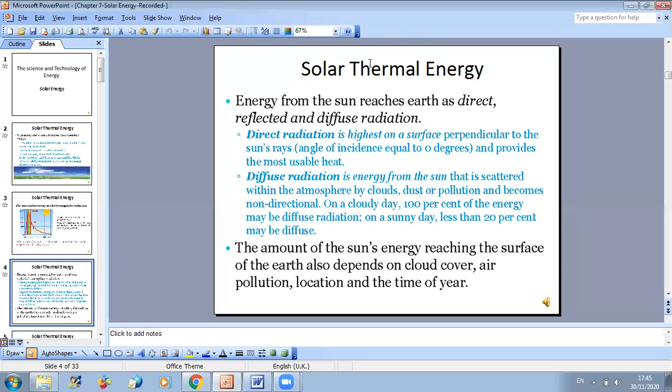This is almost always the case, because it's rare to have 100% direct radiation, since you will always have some obstacles. If not clouds, you have pollution or dust, etc. And the amount of the sun's energy reaching the surface of the earth also depends on cloud cover, air pollution, location, and of course the time of the year, the season. So in winter, of course, the intensity is not like in summer.